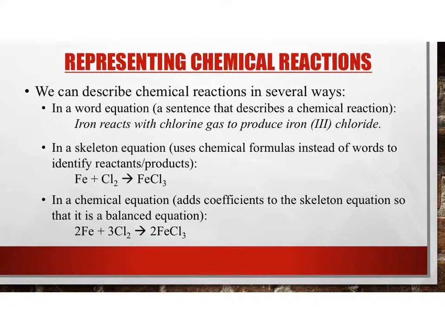A chemical equation adds coefficients to the skeleton equation, so it's balanced. So a big difference between the skeleton equation and the chemical equation is that the chemical equation gives us a better idea of the actual quantities of the elements involved in the reaction. The examples I've provided for each of these types of equations are the same reaction shown in all three ways.